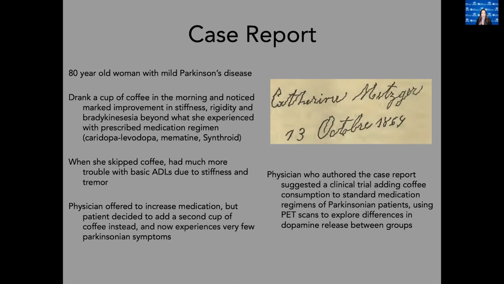And when she skipped coffee, she had a lot more stiffness and difficulty with her basic ADLs. In this write-up of the case report, it was suggested that maybe coffee was the cause of her improvement. And so the suggestion was made that it might be of interest to do a larger study looking at the association between coffee and Parkinsonian symptoms. So that's just an example of a case report.